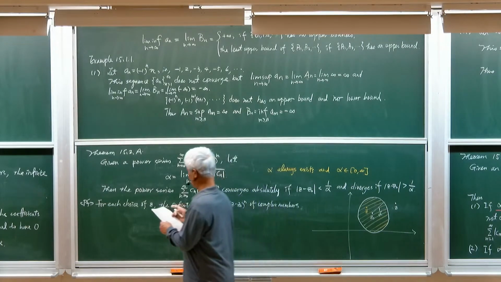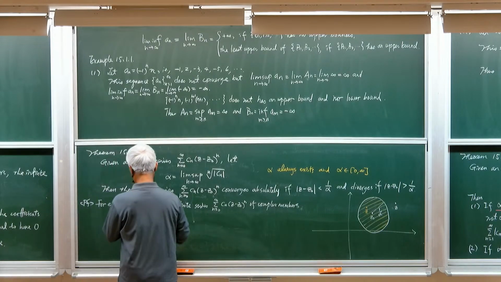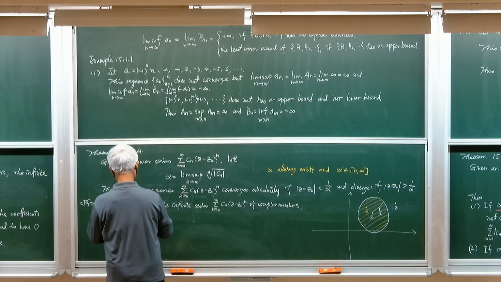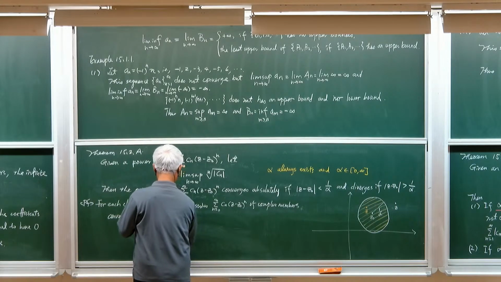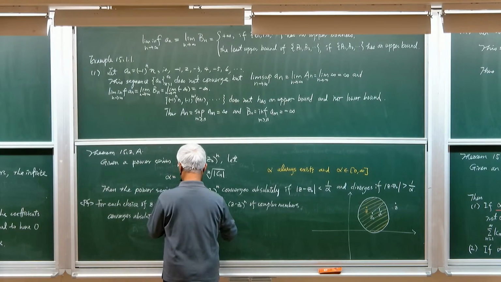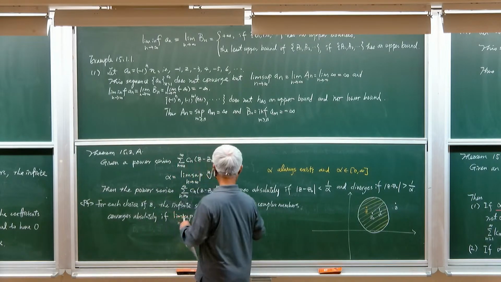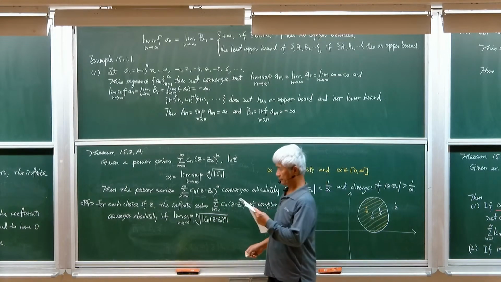So this converges absolutely if the lim sup of the nth root of the absolute value of the nth term is less than 1.